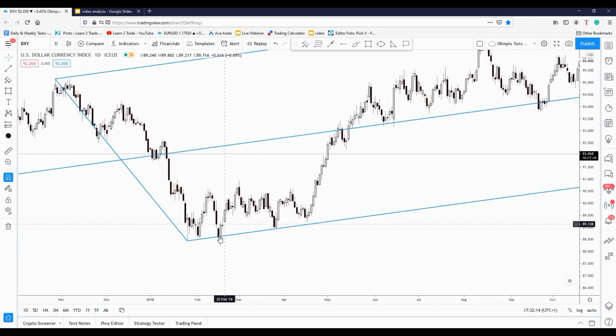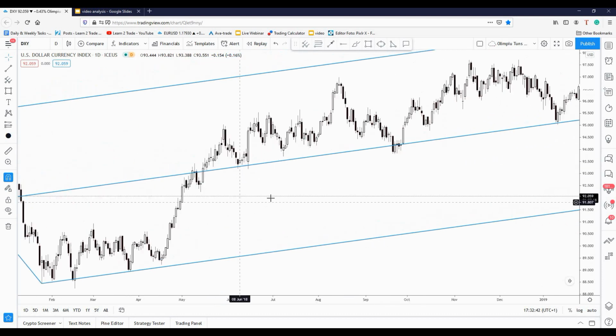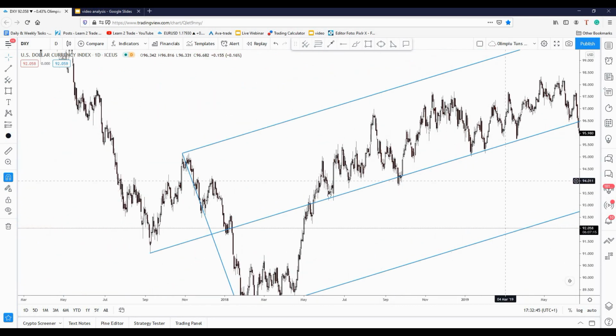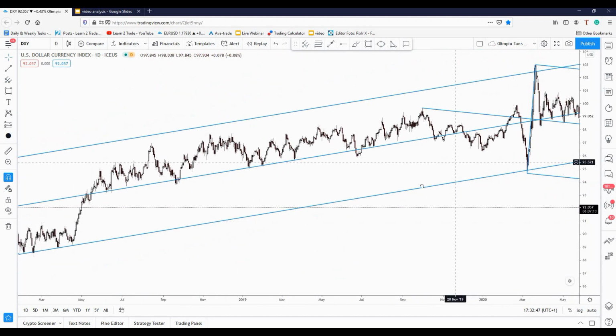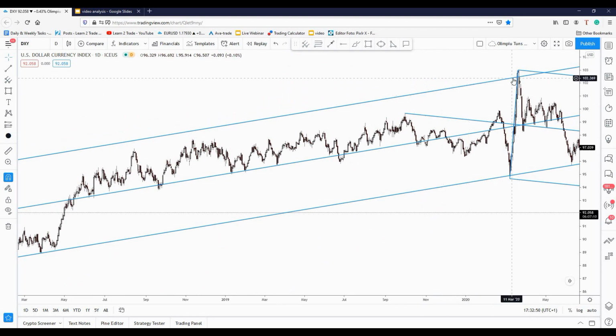This false breakdown here below the lower medium line, this bullish engulfing, represents a bullish signal, a buying opportunity, and you can hide your stop loss below this pivot point, below the false breakdown here, below this lower low, and you can place your first upside target at the medium line and maybe the second upside target at the upper medium line.